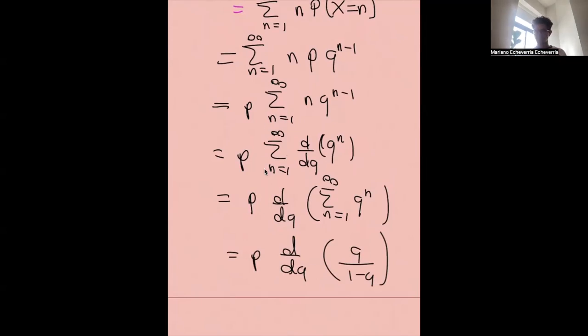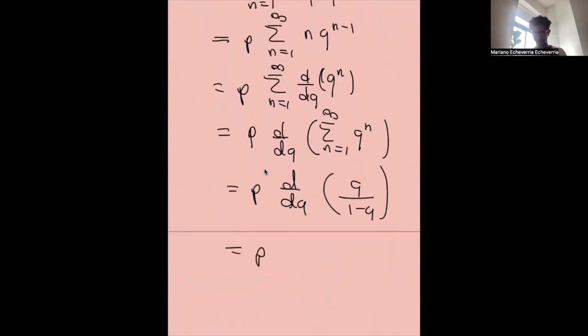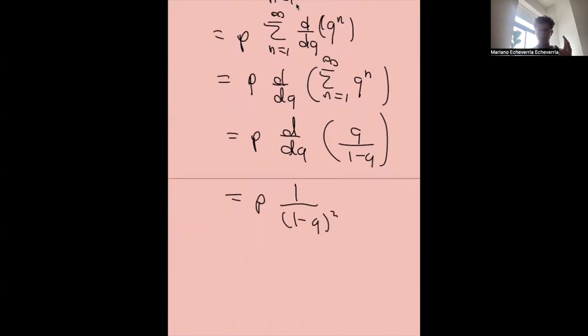Yeah, is that making sense? Then if you take this, you can find the derivative using the quotient rule, and you get 1 minus Q squared. Good. But 1 minus Q is P, so you get P over P squared, and then this is 1 over P. Is that okay?